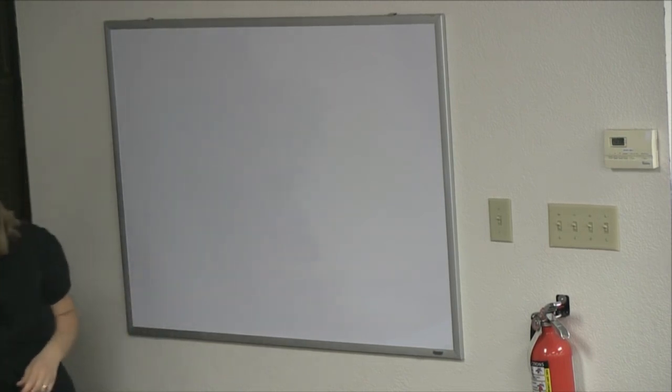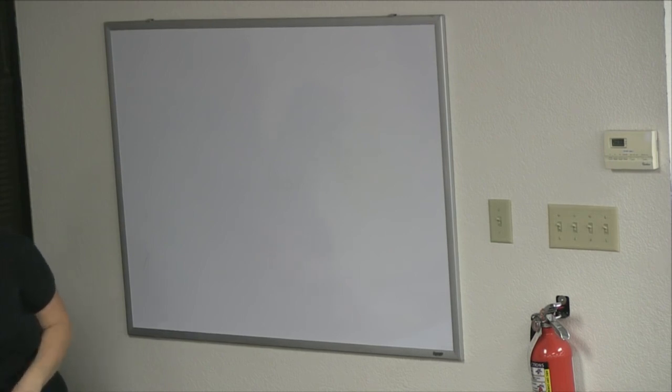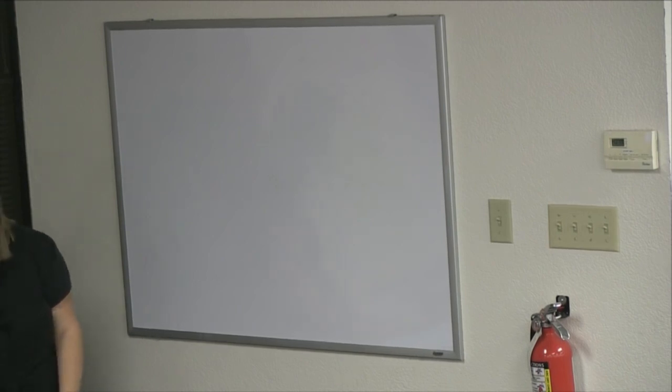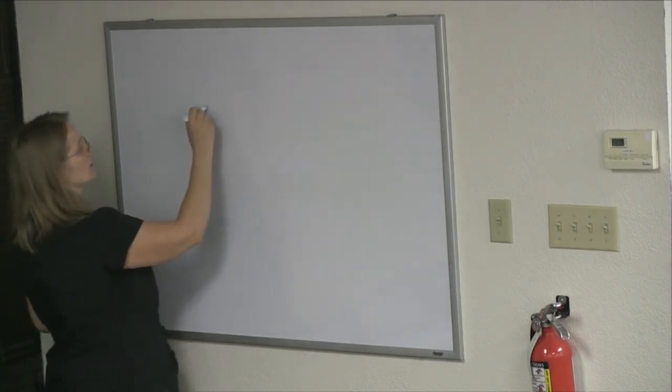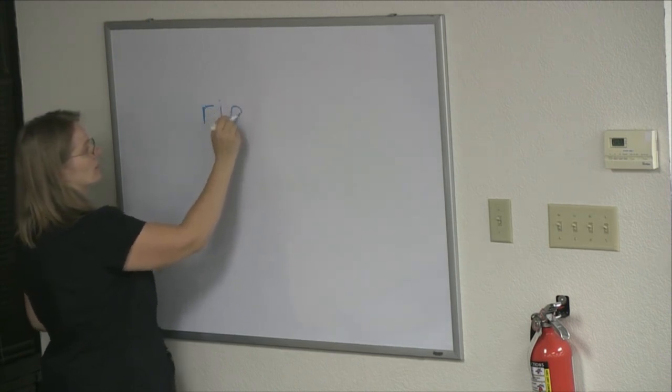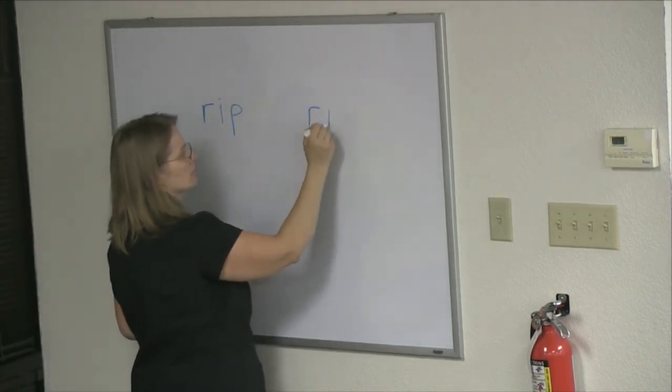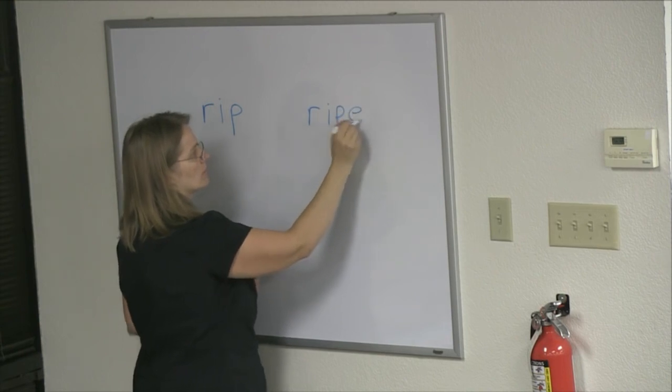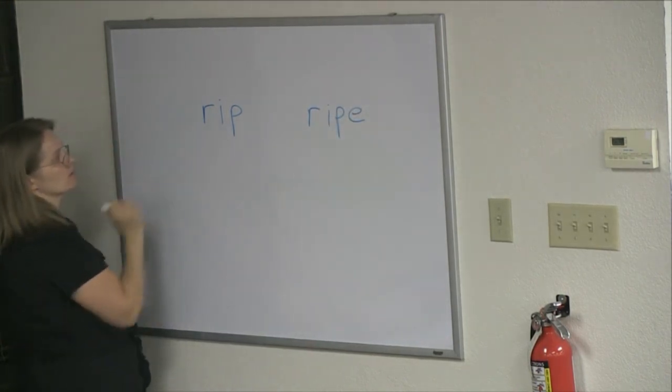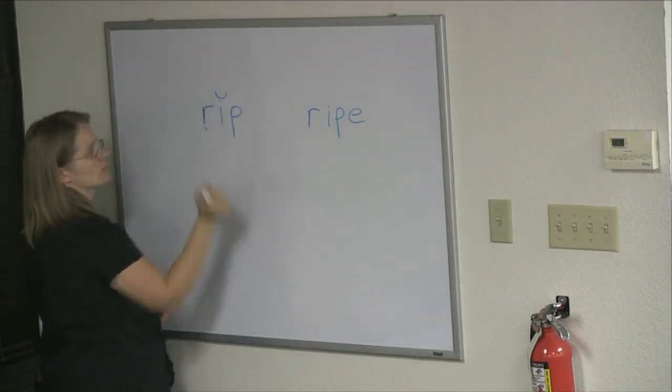So, for instance, let's think of, where's my marker? There. Let's look at a word like rip versus ripe. Okay, this one has one vowel. It's short, rip.